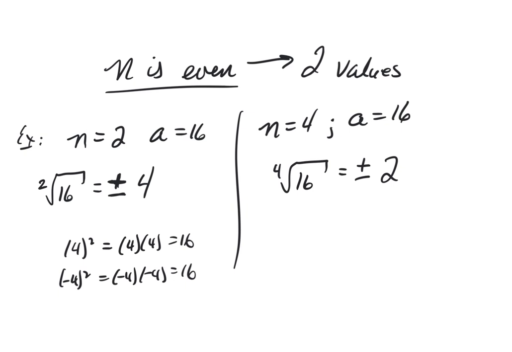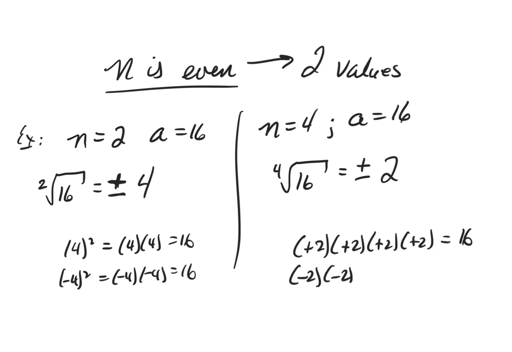I'll just do this kind of quickly. Because positive 2 multiplied by itself 4 times gets you 16, or negative 2 multiplied by itself 4 times gets you to 16. So if I take the fourth root of 16, I have to be able to get either positive or negative 2. Okay?